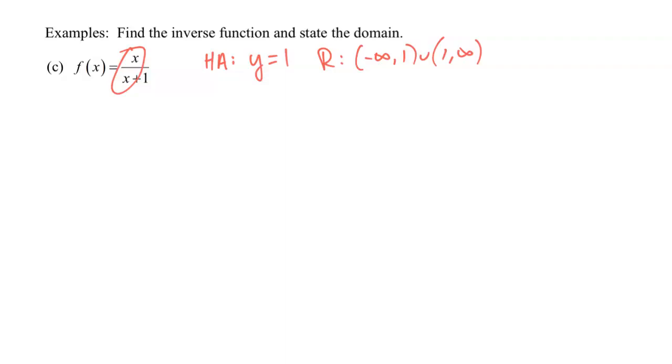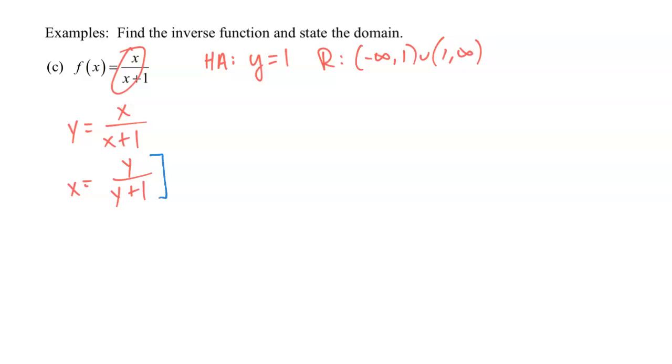Now, when I go to find the inverse, just like before, I'm going to just write f of x as y, and so this will be y is equal to x over x plus 1, and then I'm going to switch x and y so that this says x is equal to y over y plus 1. Now, my objective is to solve for y, and whenever I see a fraction, I want to try to get rid of the fraction first.